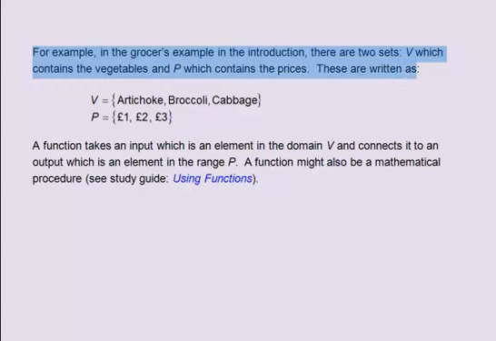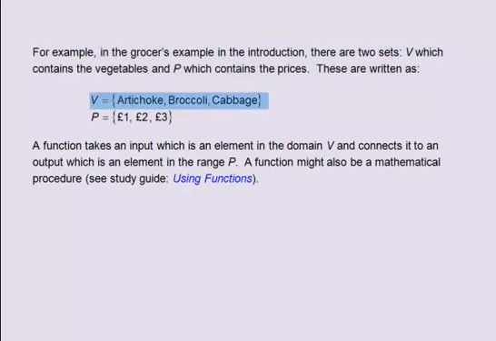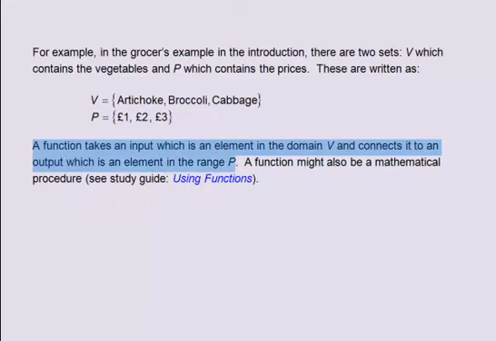These are written as V equals {artichoke, broccoli, cabbage}, and P equals {£1, £2, £3}. A function takes an input, which is an element in the domain V, and connects it to an output, which is an element in the range P.